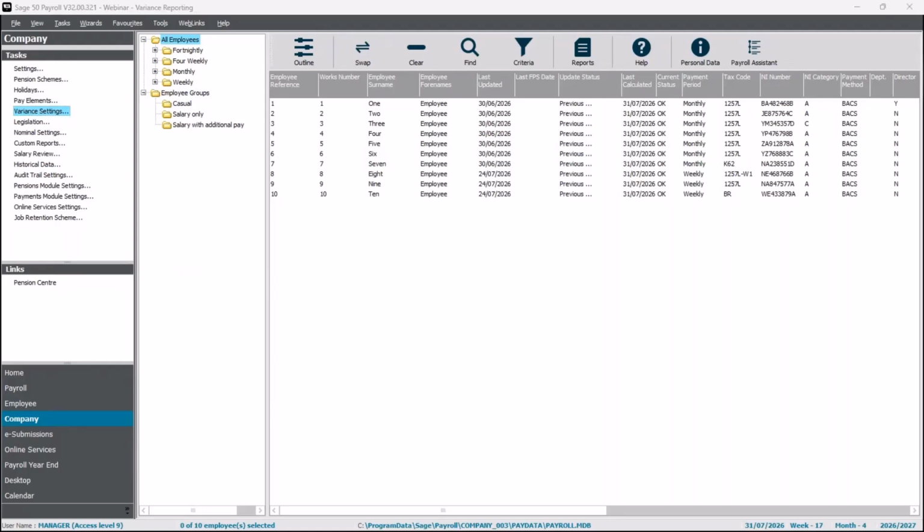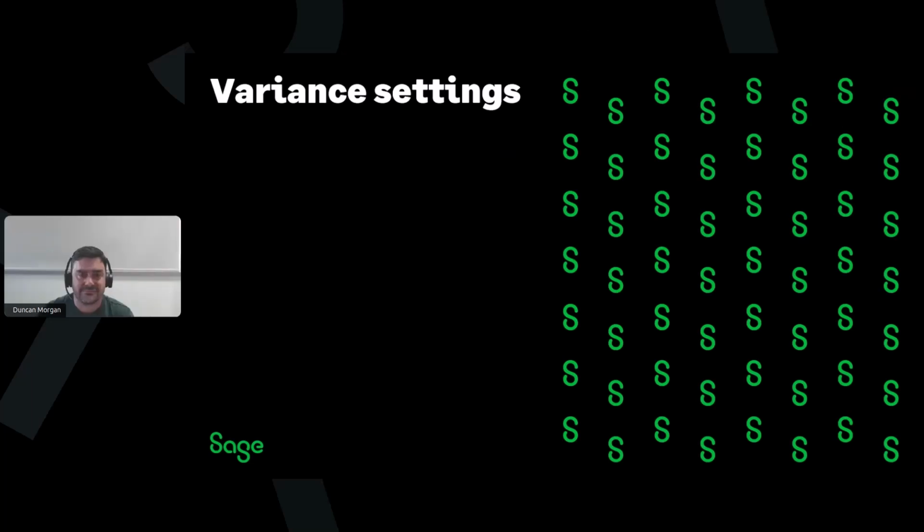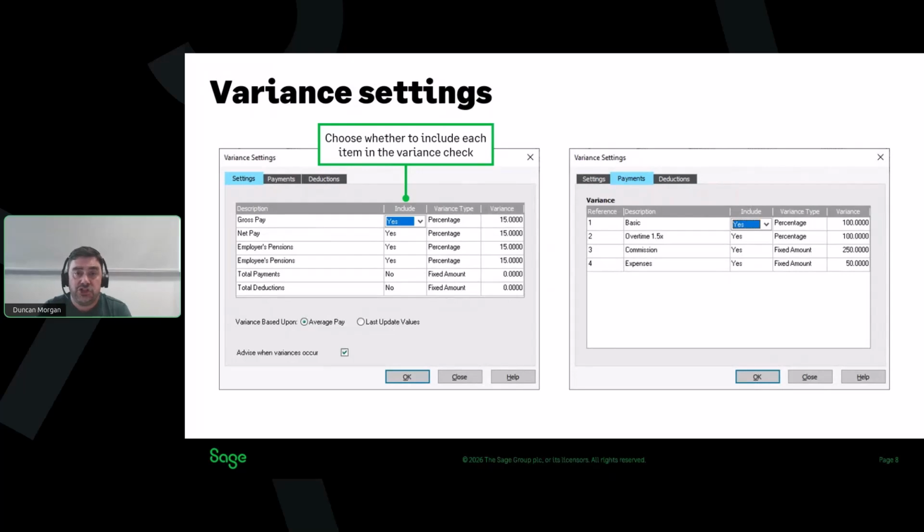But before we do that, let's just summarize those variance settings that we've just seen. So first of all, from company and variance settings, you would choose what items you want to include in the variance check. So you've got the main gross and net pay totals, pension values, total payments and deductions.